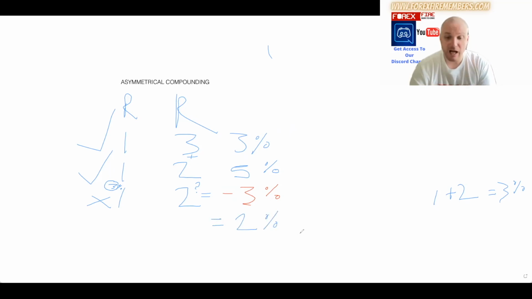Now when you take yourself out of the trader's chair and look at the numbers, your first win, you were on 3%. You've lost 3% here. But it doesn't matter. Your first initial win, you're only down really by 1%.